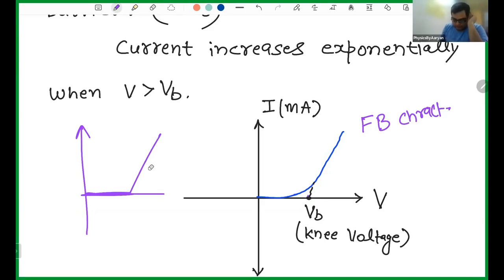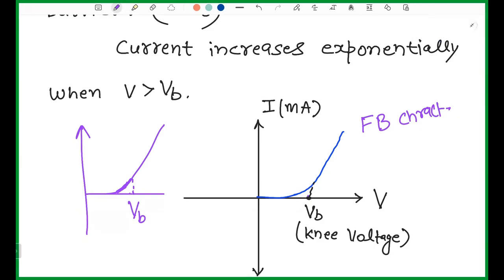Usually what happens is that your current slowly starts increasing. So up to this region, you cannot say that you are actually in the exponential region. After a certain point, you will see that your exponential growth has started. The moment your exponential growth starts, that point is known as the knee voltage. Okay, sir. Thank you.